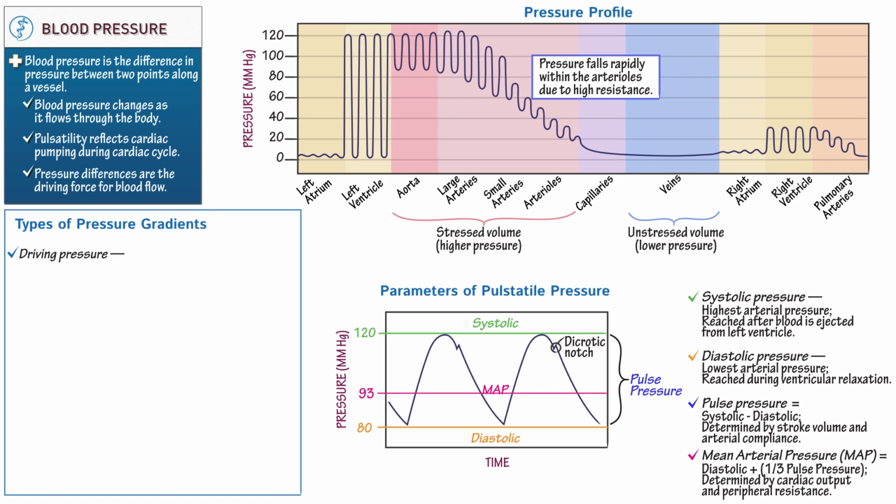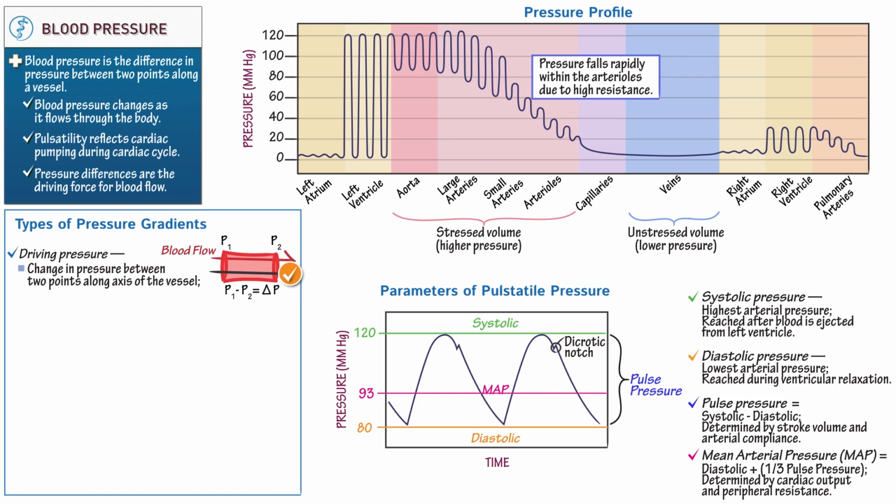Write that the driving pressure gradient refers to the change in pressure between 2 points along the longitudinal axis of a vessel. Draw a vessel and show that blood flows unidirectionally through it. Indicate P1, or pressure at point 1, and P2, pressure at point 2.